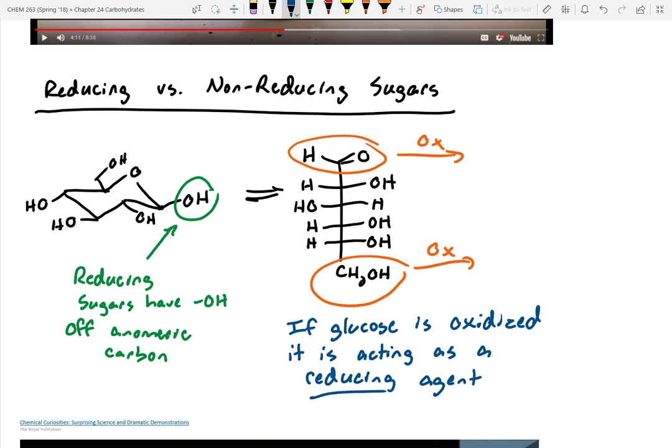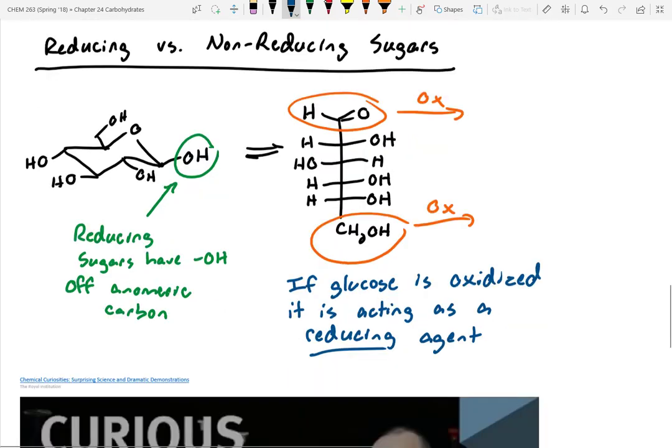That's why they're referred to as reducing sugars, is if you're capable of ring opening it into an aldehyde form and then oxidizing that, it's acting as a reducing agent. Does that make sense?